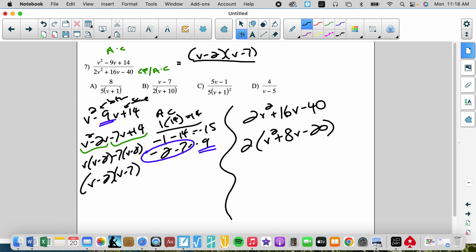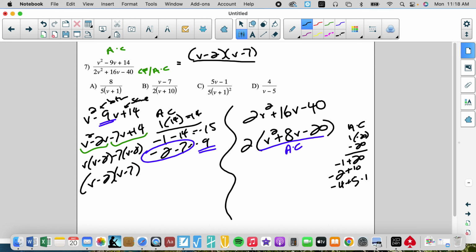And now we'll do A times C for this, just this part. A is 1, C is negative 20. Factors of negative 20 are 1 and 20, 2 and 10, 4 and 5. Signs are different. Bigger's positive.